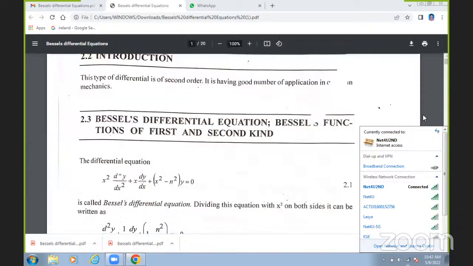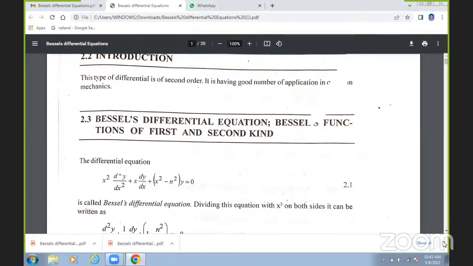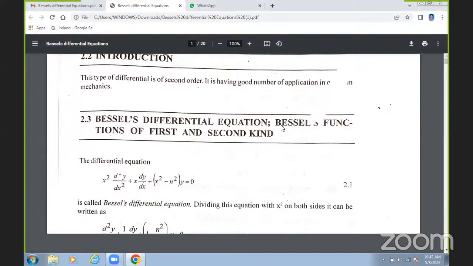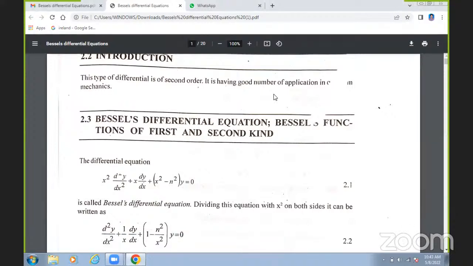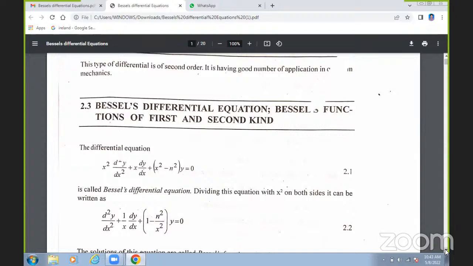Okay. So now, are you able to see this Bessel's differential equation? Any one of you? Yes, sir. Right. So as we have seen the Legendre's differential equation, here also we have the Bessel's differential equation.